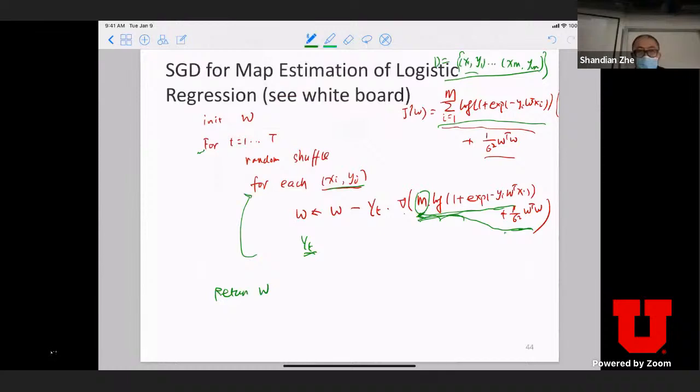Any question? This is exactly the same as what you have done for SVM, except that in SVM we replace this with the hinge loss. Okay, hopefully this helps clarify how to conduct the training of a logistic regression.